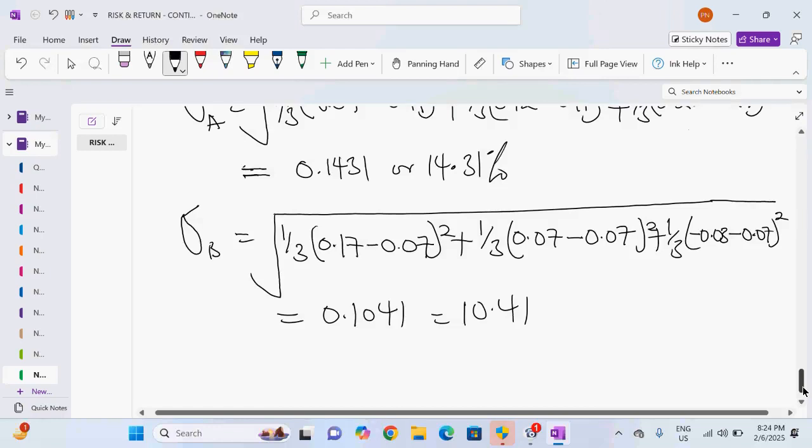The covariance of A and B divided by the standard deviation of A and the standard deviation of B. I just confirmed B, and I realized I'm getting a different answer. That's correct. Is it wrong with me? It's correct. Yeah.